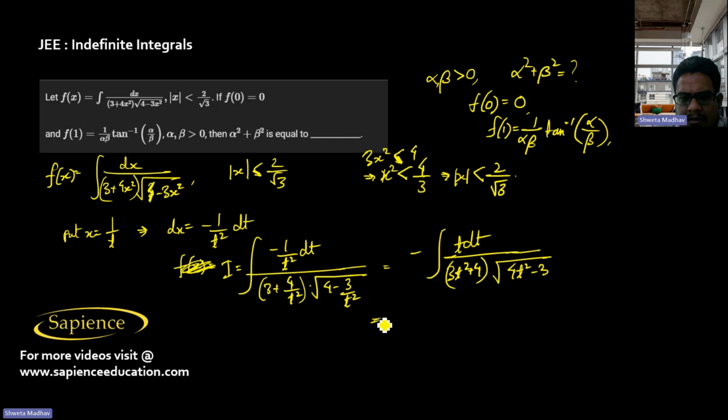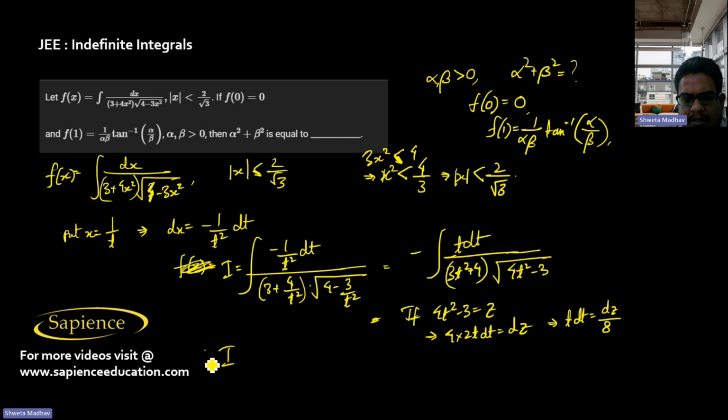So here, suppose if we take 4t square minus 3 as z, then you can say 4 into 2t dt will be equal to dz. So it means t dt will be equal to dz by 8.